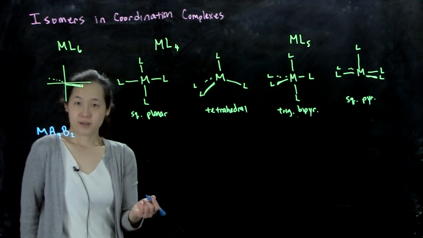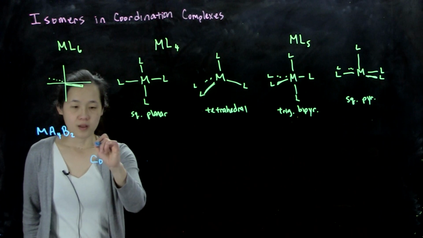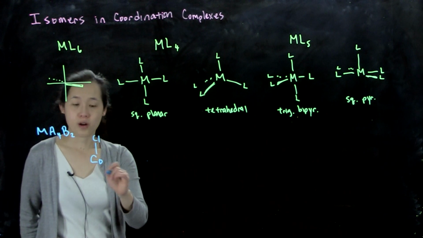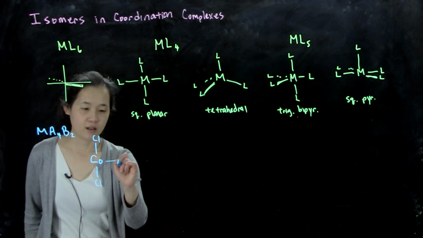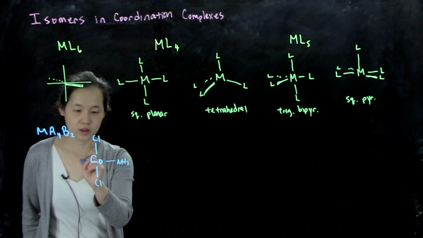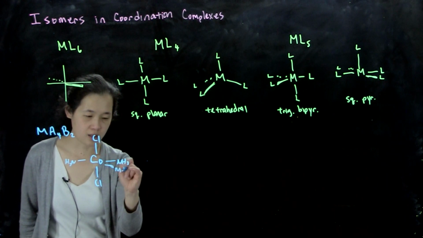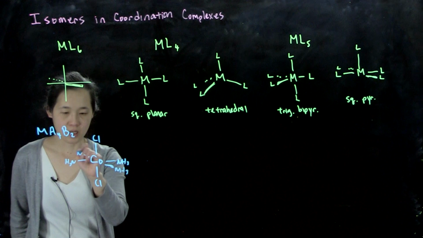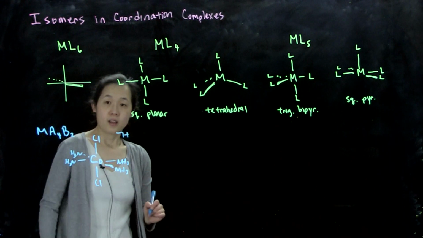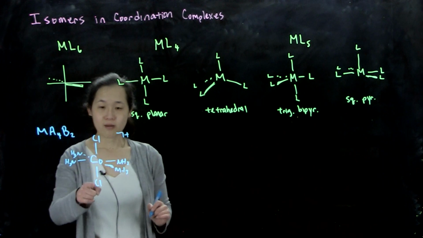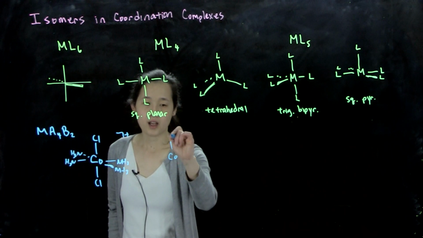I'll do one specific example, the Werner type complex we've been talking about: cobalt with 2 chlorides and 4 ammonias, which will be cationic. We could have the chlorides 180 degrees from each other, or we could have the chlorides 90 degrees from each other.